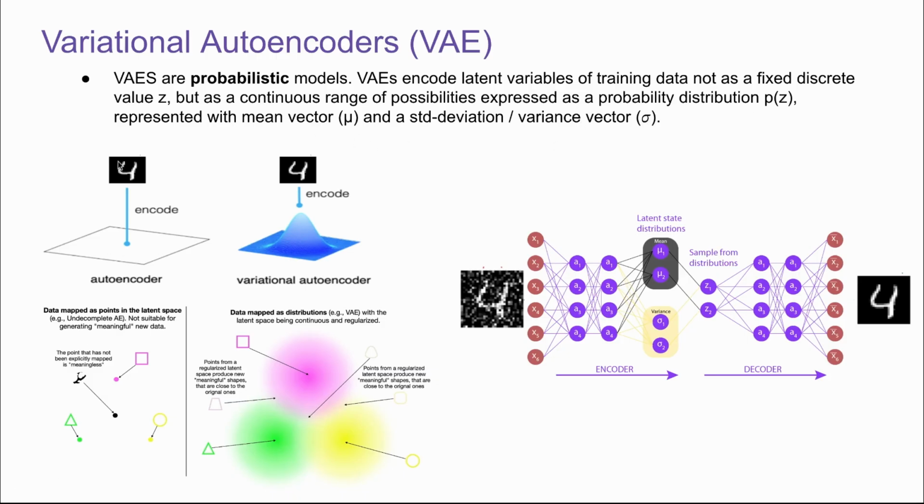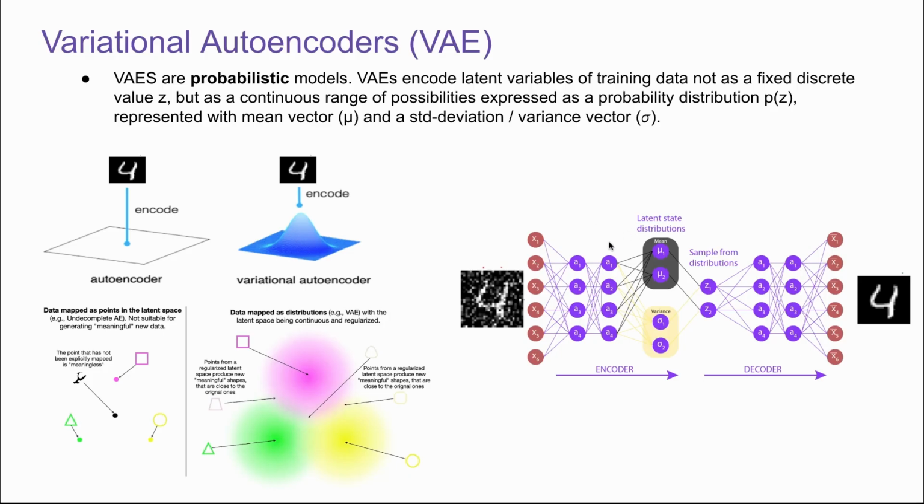Autoencoder mapped the original image to a discrete, fixed point, but variational autoencoder maps it to a distribution instead. So instead of having discrete points where there can be blank space, the latent space for VAE is continuous because it's all distribution here. Points from anywhere should theoretically generate a good image that's similar to some data in the training dataset.